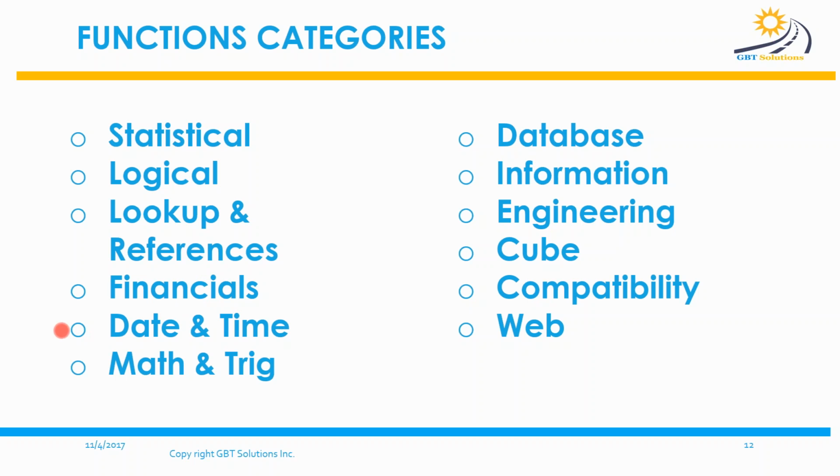We have the date and time, where date can be day, months or years, and time has hour, minutes, and so on. Then we have the mathematical and trigonometry category. We also have the database functions, information, engineering, cube, compatibility, and web.